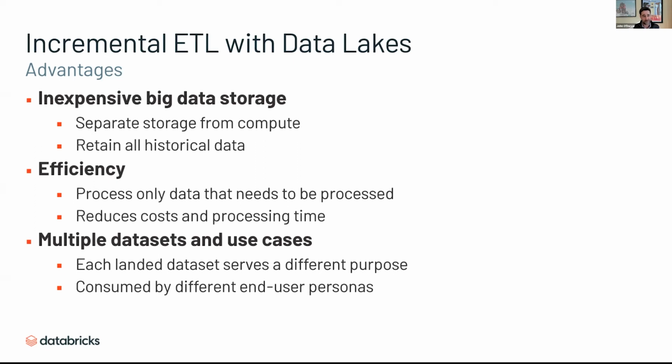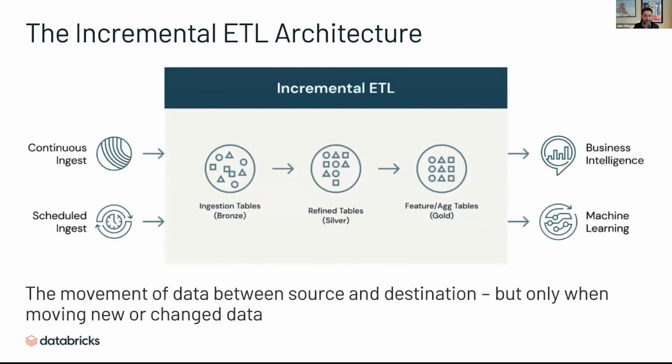The other thing that's great as an advantage is that you can have these as multiple data sets. For example, this bronze, silver, and gold architecture, it looks linear, but it doesn't necessarily have to be, and the end results can be different.